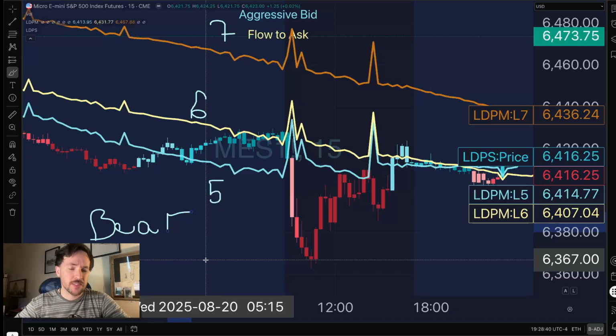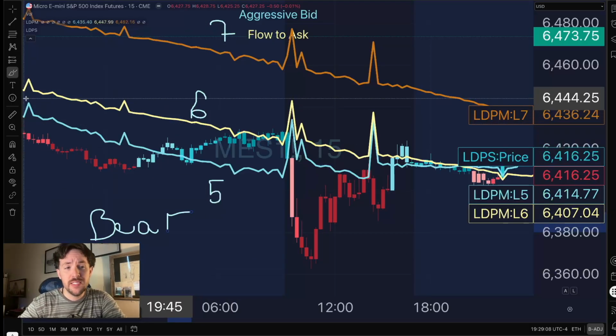We haven't really talked about this because it ultimately doesn't change the streamlined view of using LDPM and LDPS hopping up and down. But it does start to paint some more detail for us when we start doing more advanced studies like looking for bull traps and bear traps. So here it is useful to know if your LDPM is in a bullish stack or a bearish stack.